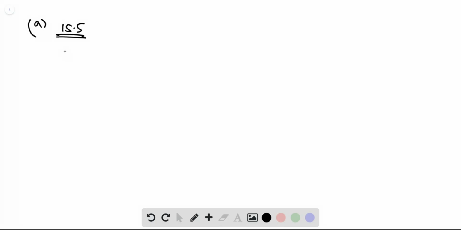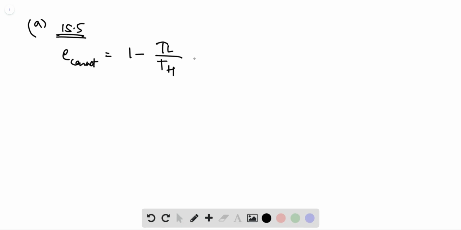So for the first part, we calculate the Carnot efficiency by using equation 15.5, and then we compare it to the 15% actual efficiency. So the Carnot efficiency according to this equation is equal to 1 minus the low temperature over the high temperature, and we need to plug these two temperatures in Kelvin.